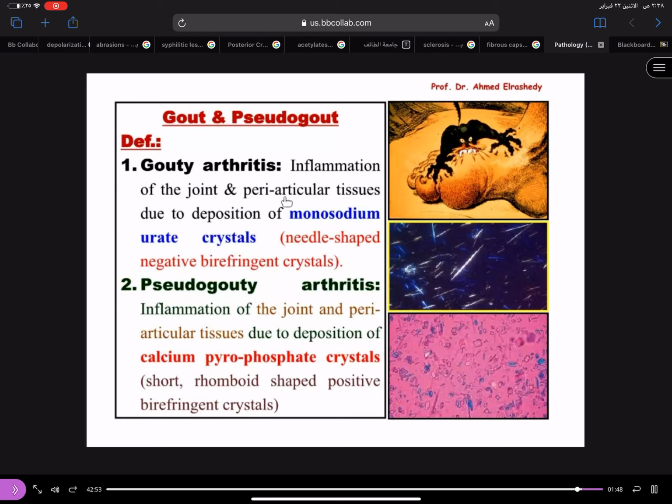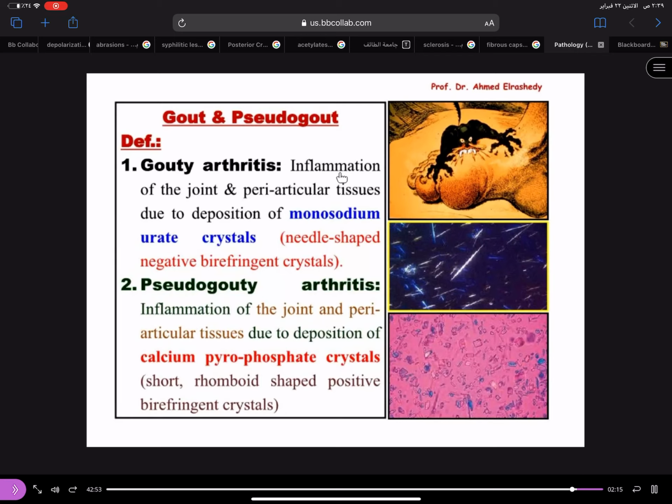As we have done in the first semester, inflammation. What is the definition of inflammation? How will you define inflammation? How will you define or describe inflammation?